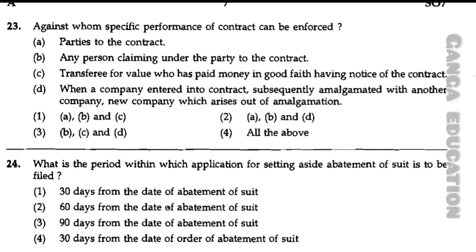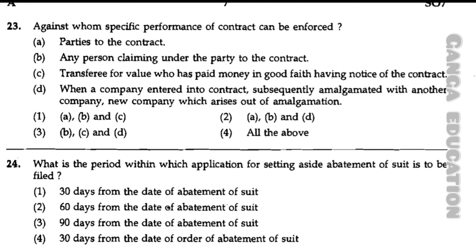D, when a company entered into contract subsequently amalgamated with another company, new company which arise out of amalgamation. Option number 1, A, B and C. Option number 2, A, B and D. Option number 3, B, C and D. Option number 4, all the above. And the correct answer is option number 4, all the above.